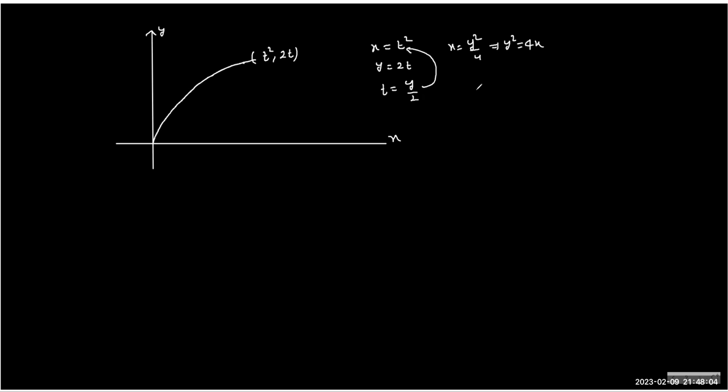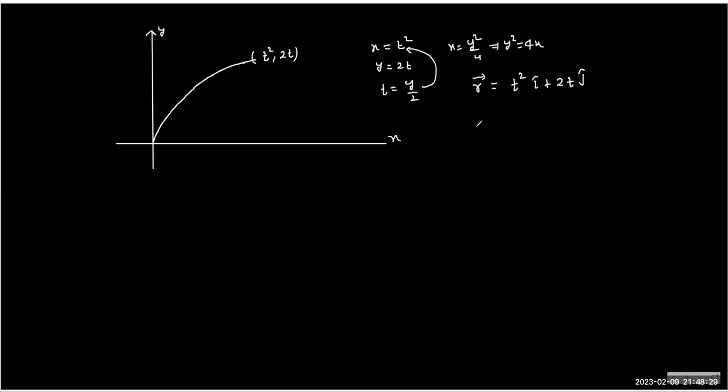The same question can be asked to you in this way. Let's say r is the position vector of the particle, and the position vector is written as t square i cap plus 2t j cap. So the moment you express the coordinate in terms of i cap and j cap, what you get is the position vector, and it's a function of time t.